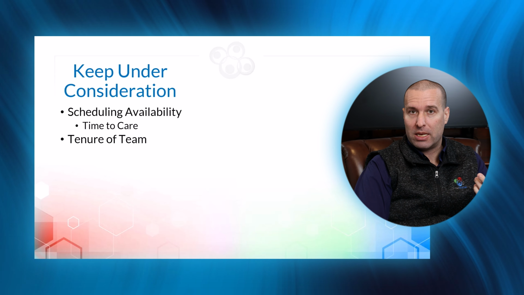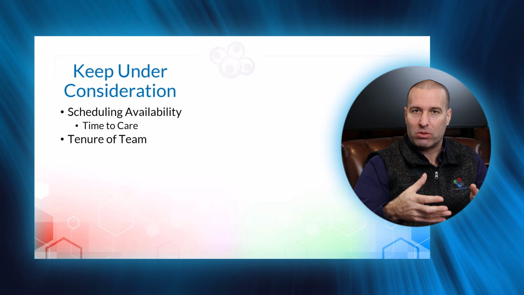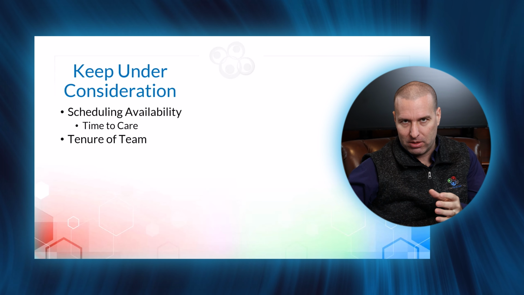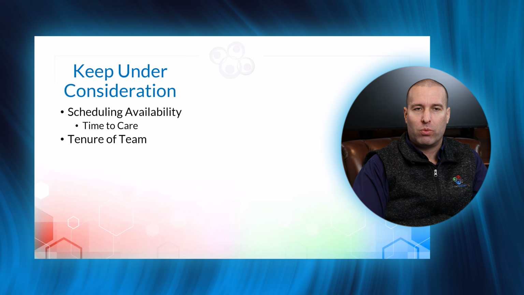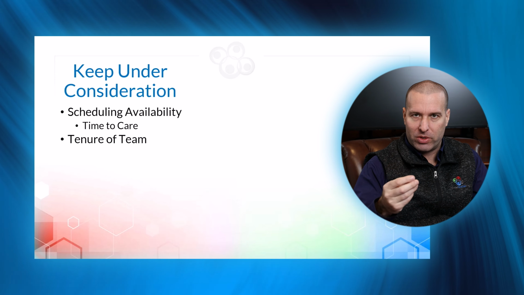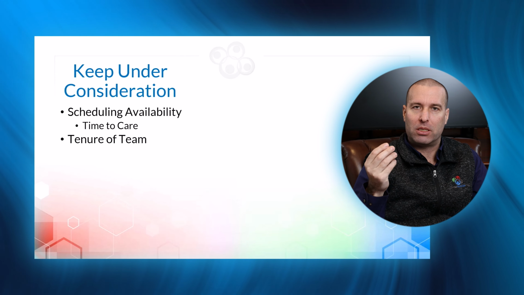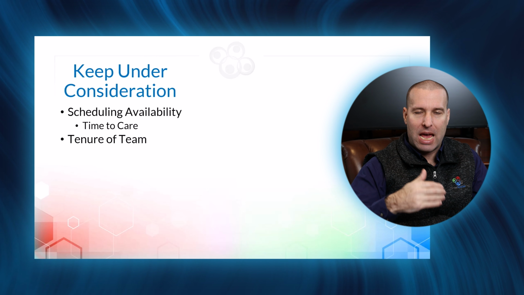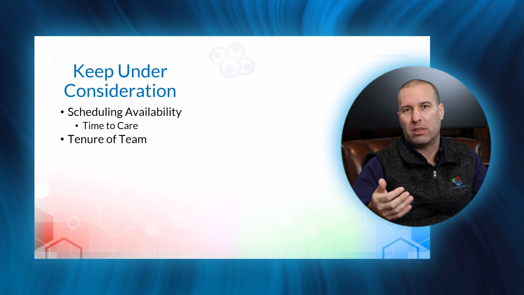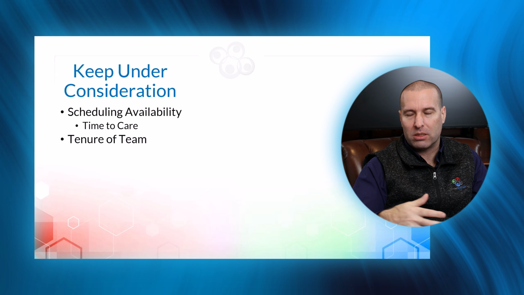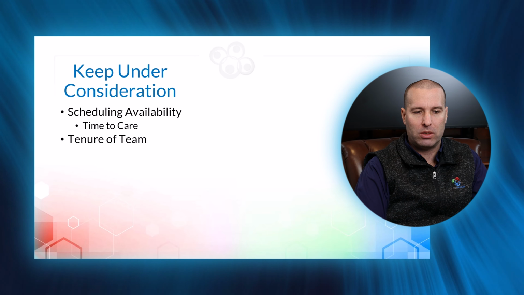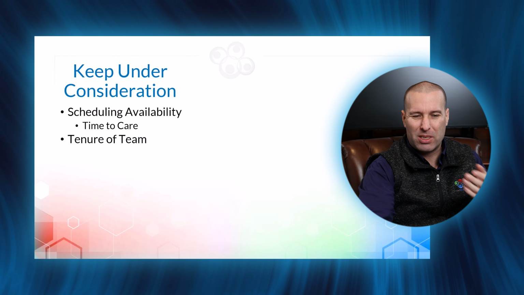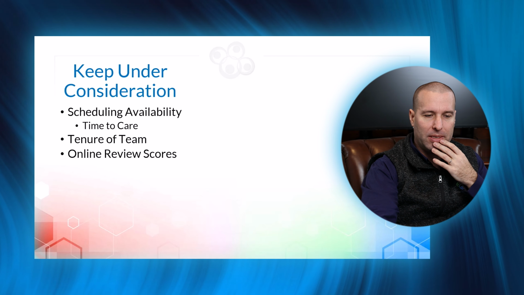What we don't see is someone with a lot of experience in the industry hopping around from different providers within the same service type. What we see is someone staying with an individual provider, building relationships in conjunction with that specific employer, and then that 10 to 30% increase in qualified referrals and new patients coming in from the work they're doing. So tenure of the team is really important. Obviously, you see that with call center teams and stuff like that too.